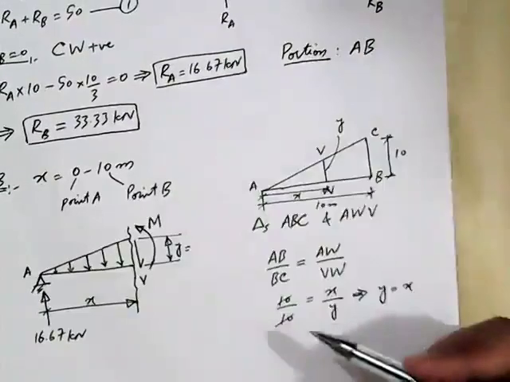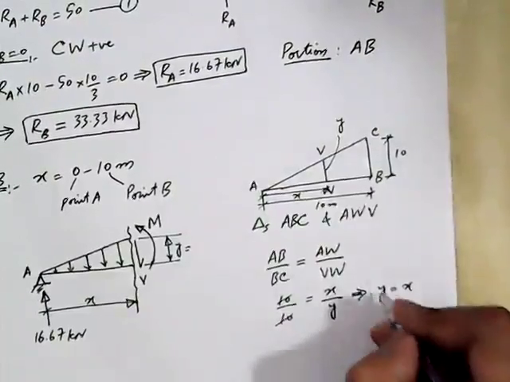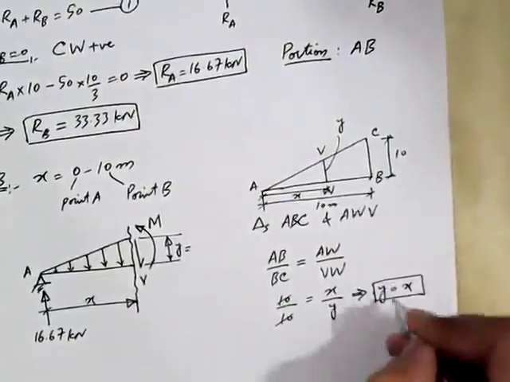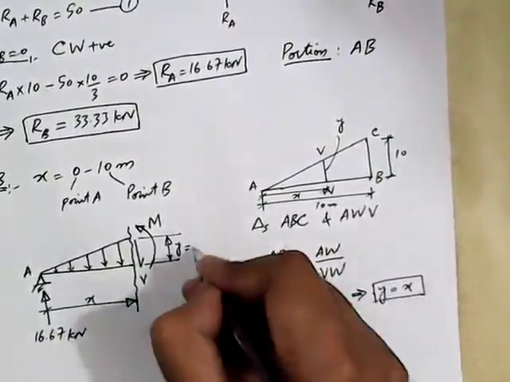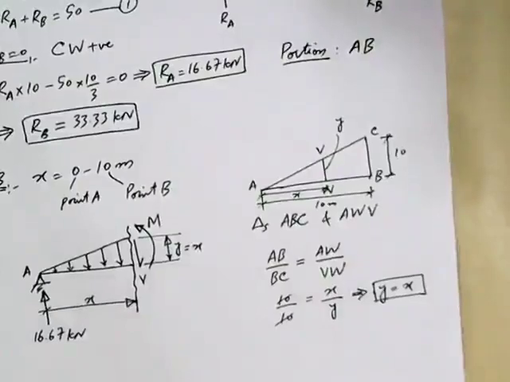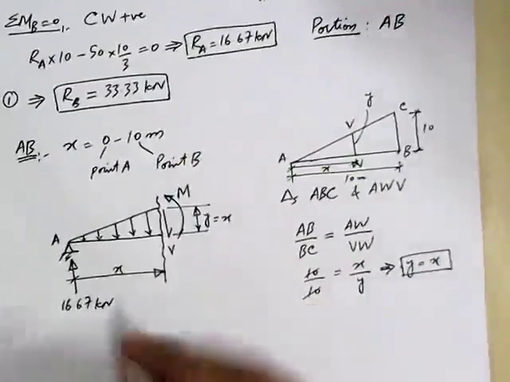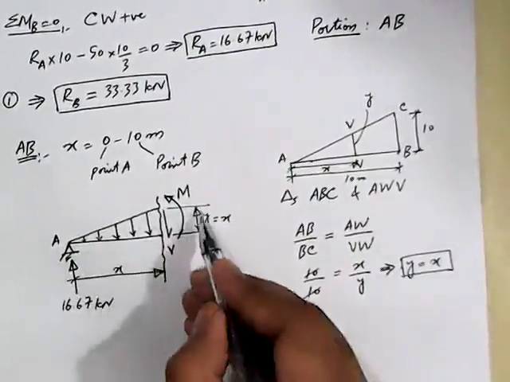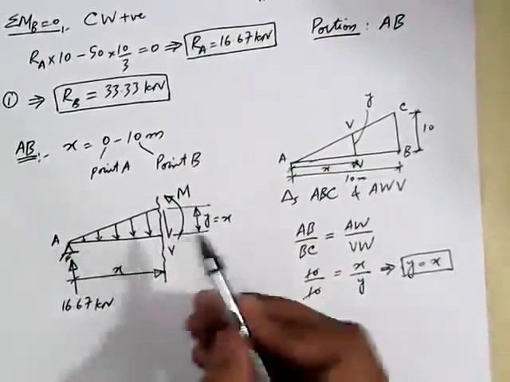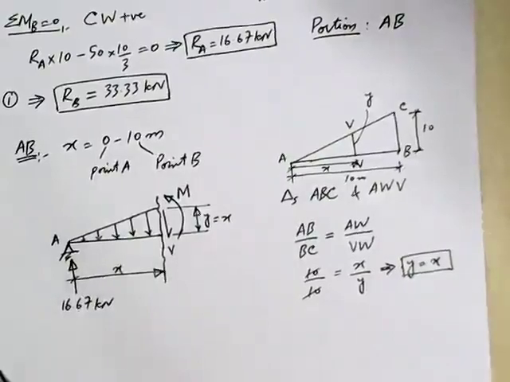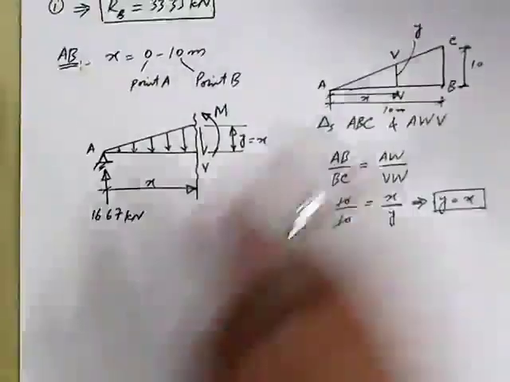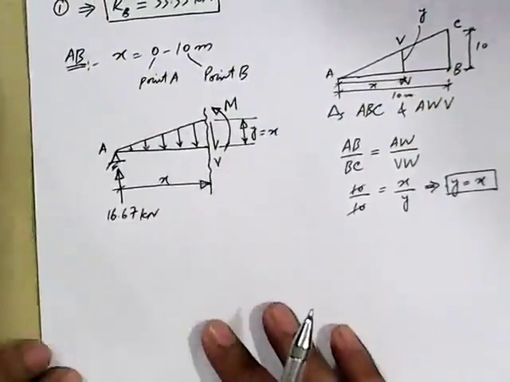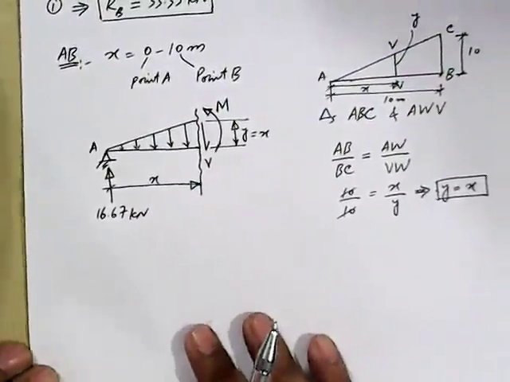So for our given situation, if we consider these two similar triangles, we get y is equal to x. Now for this loading, we know the base of the triangle as well as the perpendicular of the triangle, so we can calculate the magnitude of the load.